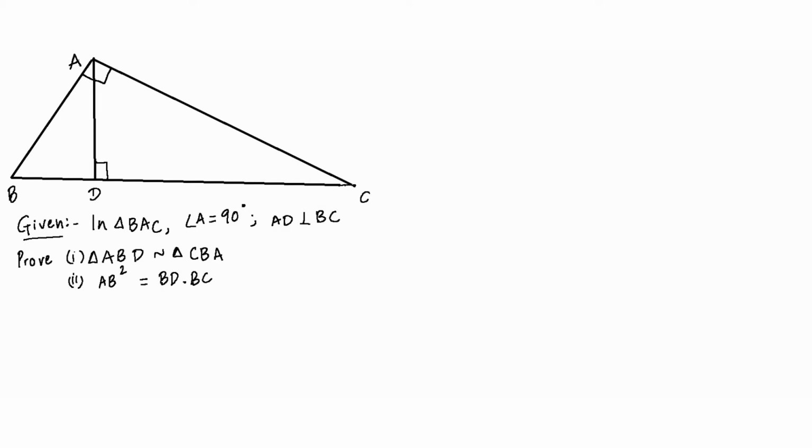But before we take these triangles for similarity, let us quickly fill our angles. So let this angle B be X. If angle B is X and angle D is 90, then this particular part of angle A is going to be 90 minus X, correct? So this part is 90 minus X. And now let's take up this particular part.